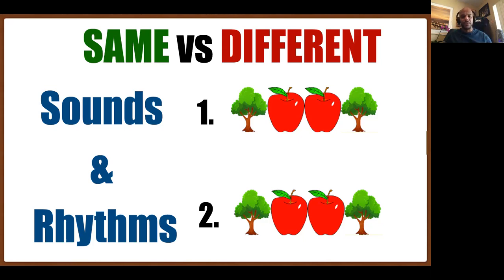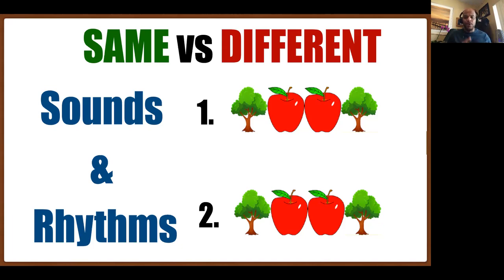I'm going to say rhythm number one. You tell me if rhythm number two is the same or different than number one. Here's number one. Tree, apple, apple, tree. Here's number two. Tree, apple, apple, tree.